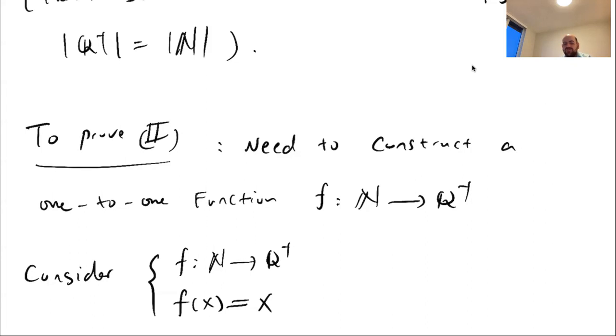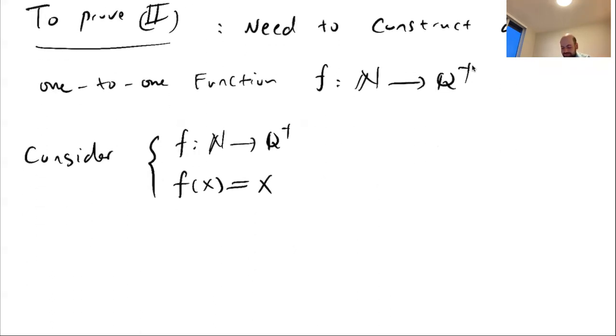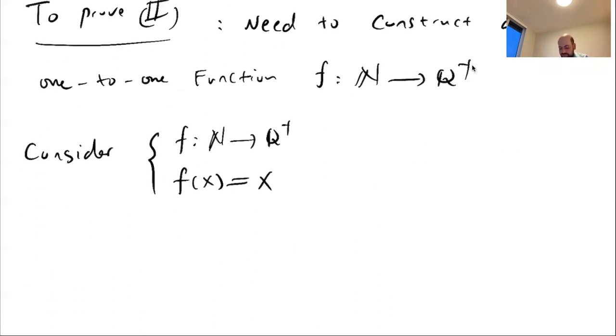So f of 1, for example, is 1. The first element in the domain N is 1. f of 1 is 1, which is a positive rational number. f of 2 is 2, which is also a positive rational number, and so on. So f of x equals x is a function from N to Q plus, and a one-to-one function. So obviously, f is one-to-one.